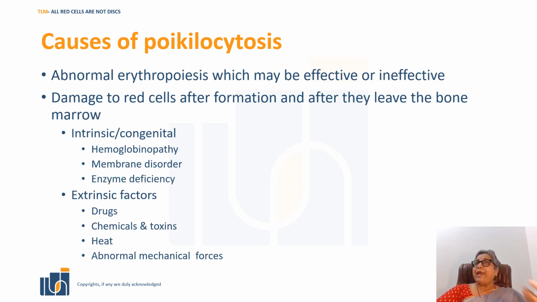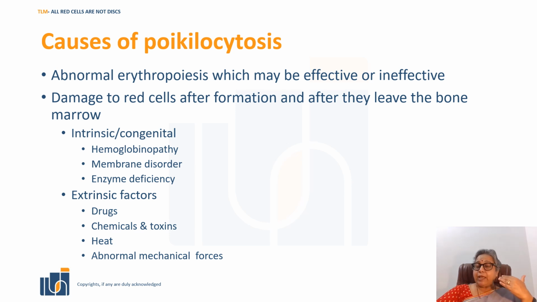Now, why do we get a poikilocyte at all? There are a number of reasons. Most important among them is abnormal erythropoiesis, which could be either effective erythropoiesis or ineffective erythropoiesis. Another very important cause is damage to the red cells after the formation, as they leave the bone marrow.